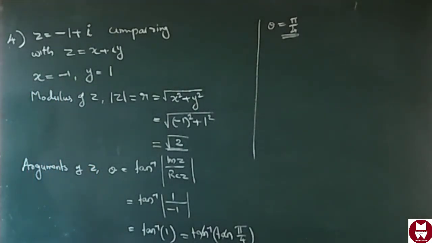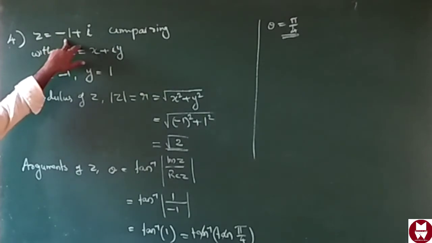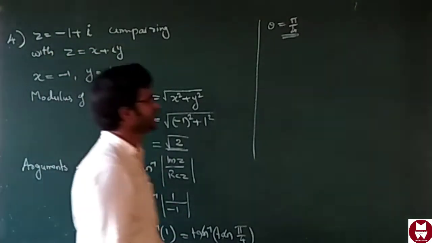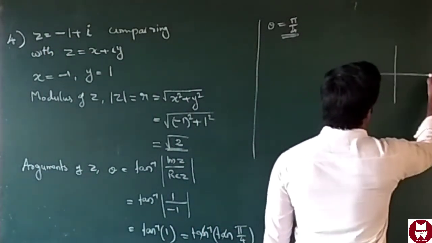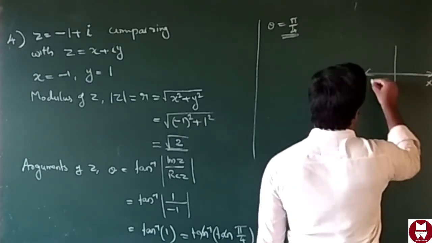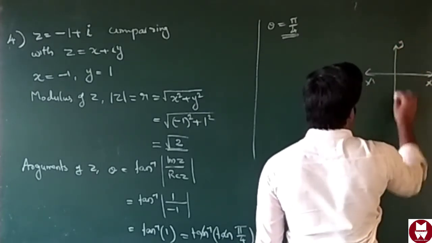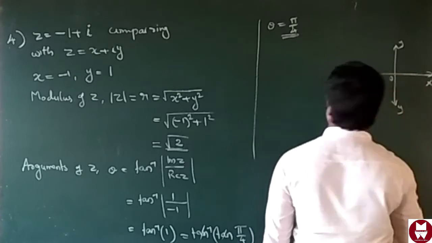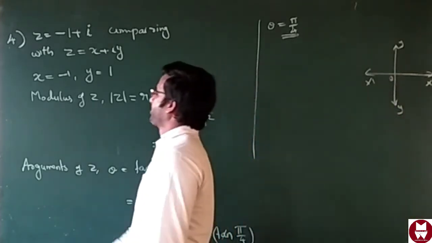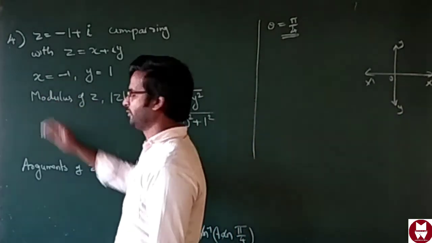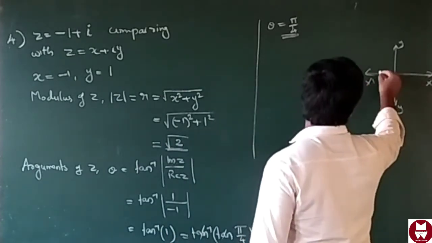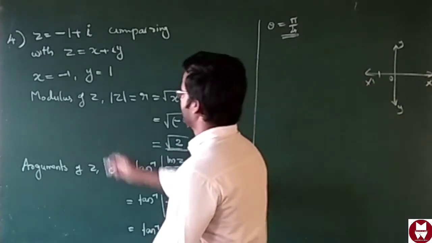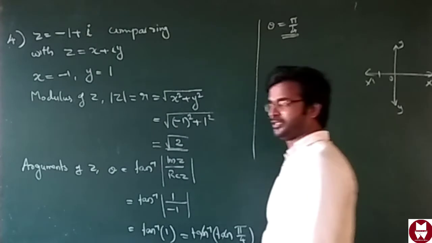Then after that we have to check in which quadrant the given complex number lies. Check it. Draw one simple Argand plane, x dash, y dash, 0. X value is minus 1. Minus 1 means left side of 0 here. Next, y value is plus 1, that is positive.